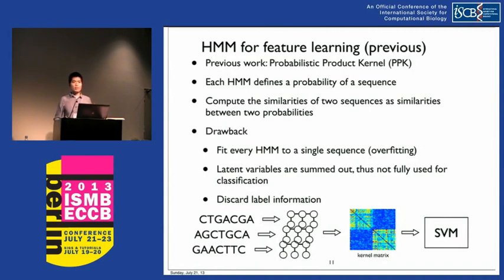The drawback with PPK is that you will often encounter severe overfitting due to fitting one HMM to one sequence because of insufficient data. More importantly, in that calculation, the hidden variables are summed out, even though they carry very important discriminative information. Lastly, the label information is discarded during feature learning.